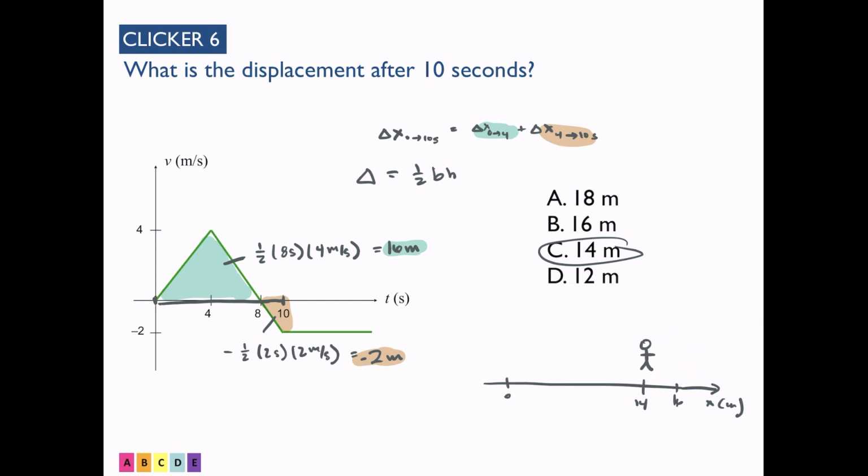And you speed up, but you turn around. Okay? And so what that says is, as you're speeding up and slowing down for this first part, you go faster and slower, but the total distance you covered is 16 meters. And then as you speed up going backwards, you're losing 2 meters. You end up back at 14 total displacement.